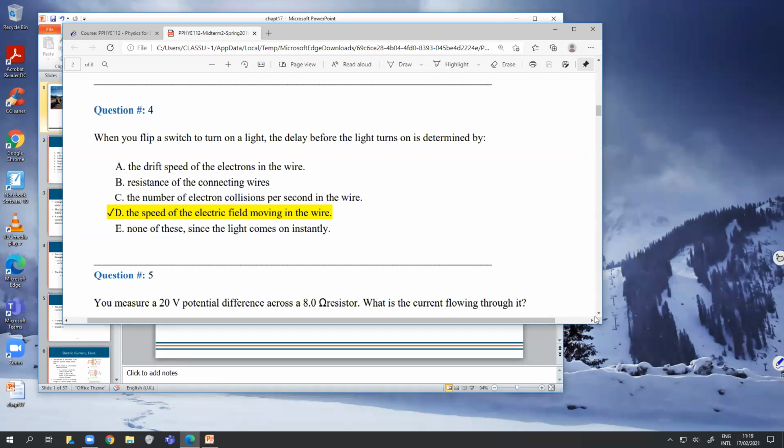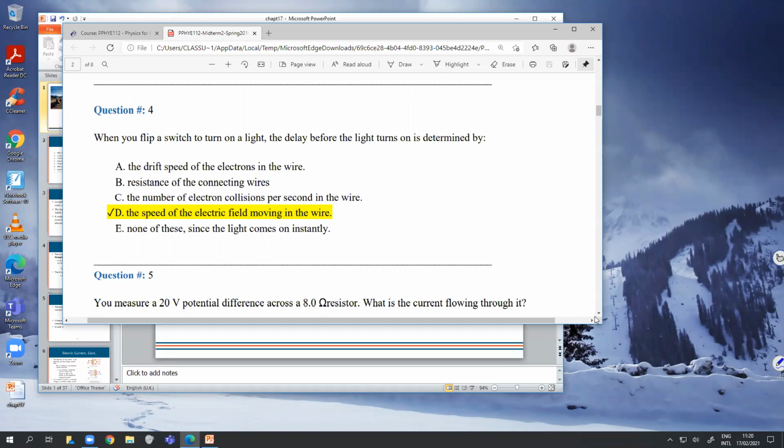You know the reason. The electrons are already there in the filament, the free electrons, ready to move the moment it senses the electric field. So what is important here is the electric field to travel through the circuit, and the speed of travel of the electric field is the speed of light.